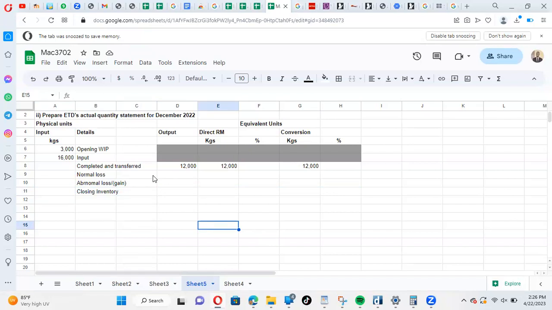So these are normal within the manufacturing process; they are included and expected. An abnormal loss is therefore something that is unbudgeted for, something that is unplanned for. So closing inventory here, we are dealing with WIP, work in progress in particular.